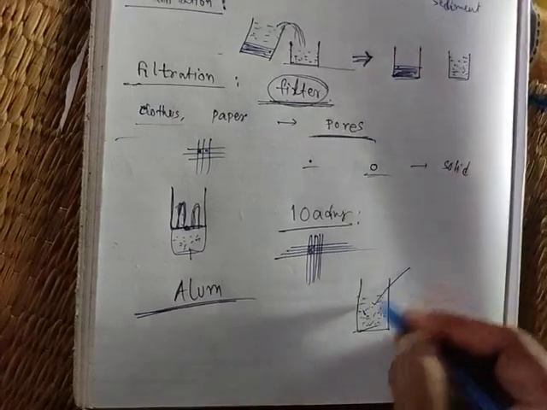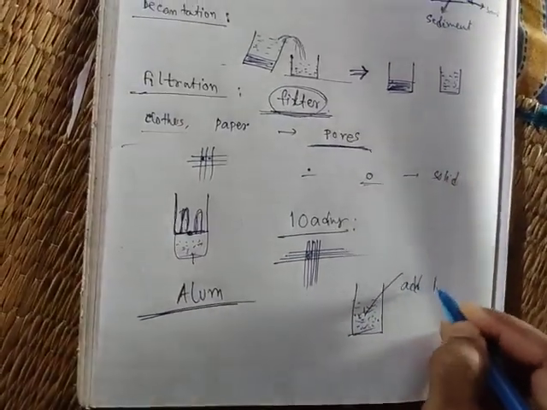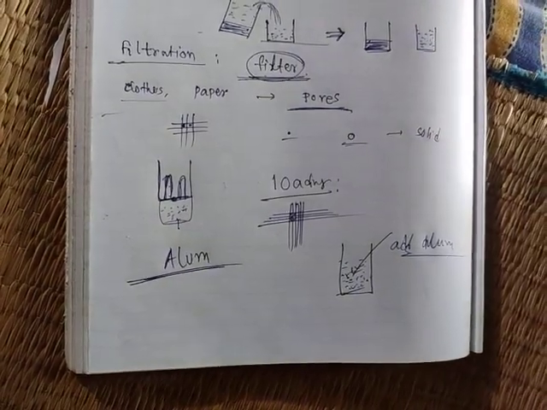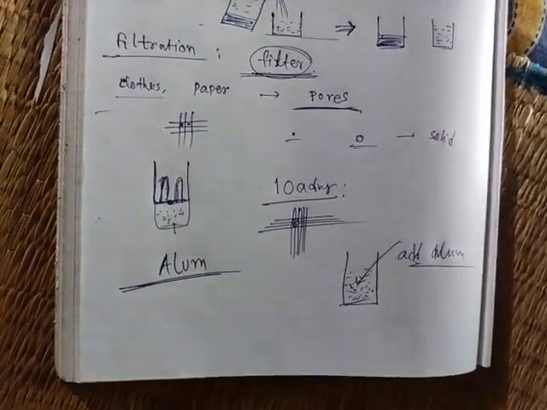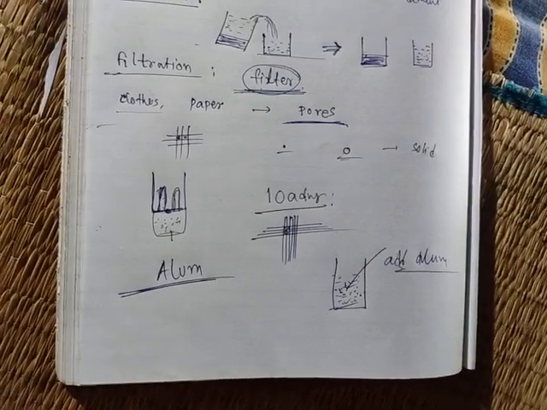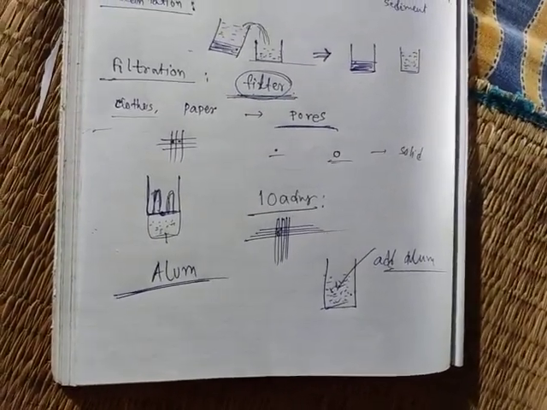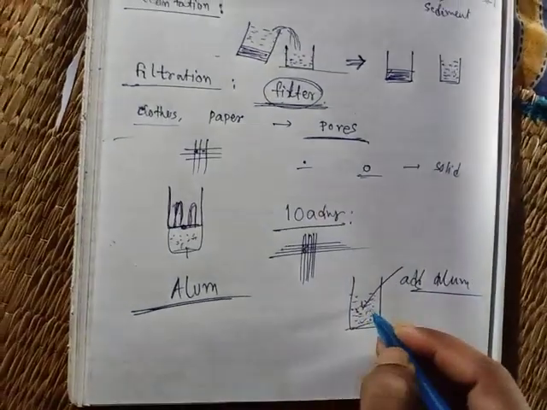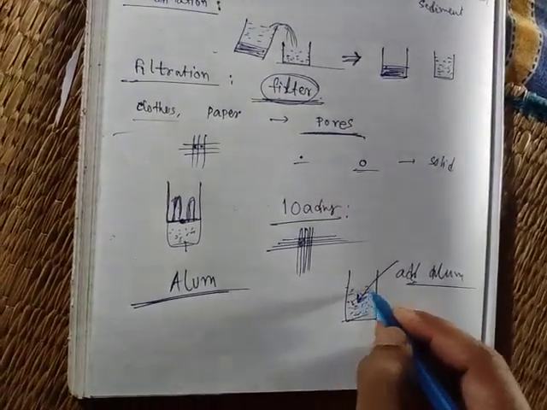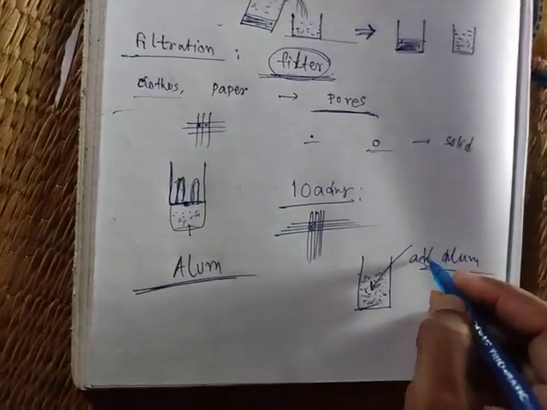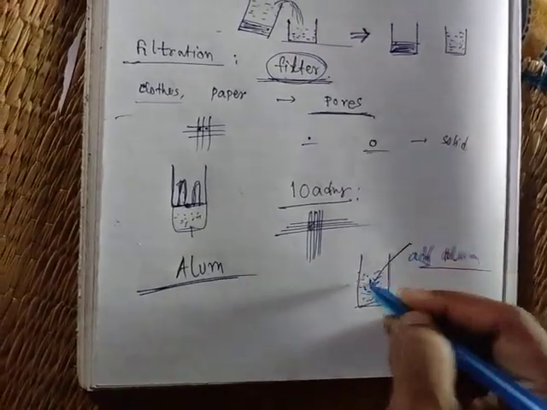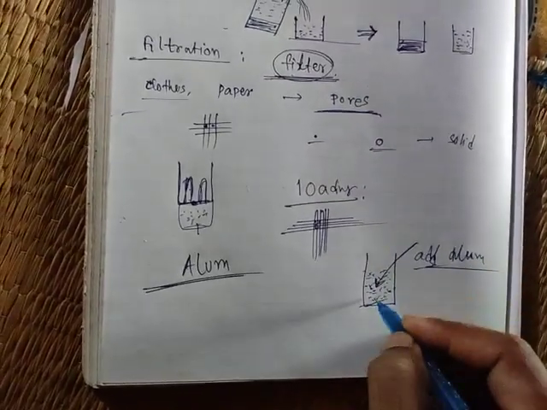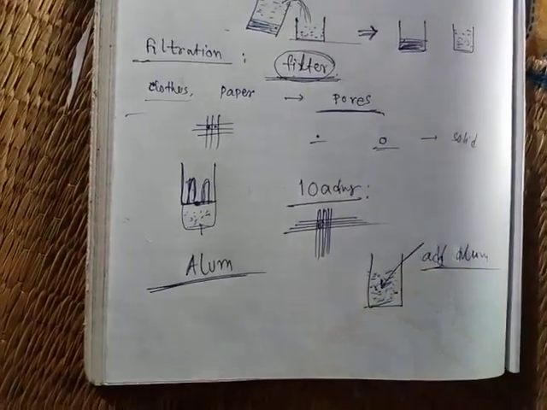Okay, we add alum. Then alum particles attach themselves to the soil particles. Suppose soil particles are added to the water. Then if we want to separate, we add alum. Then soil particles are attached with the alum.